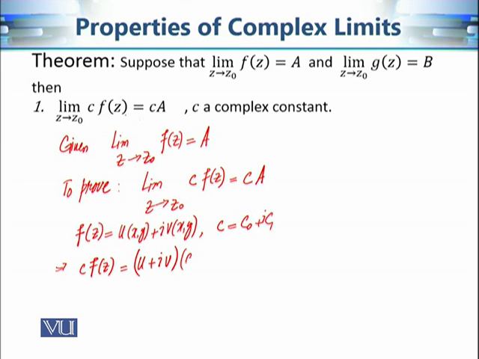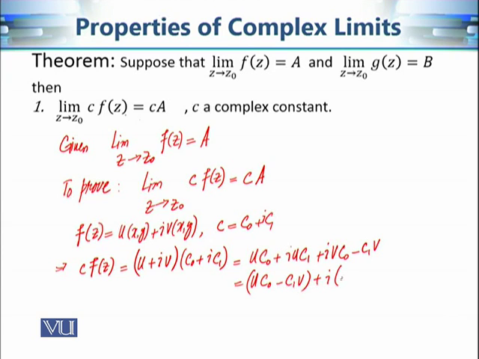So u multiplied with c0 plus iota c1 is equal to u c0 plus iota u c1 plus iota v c0 minus c1 v, which is equal to u c0 minus c1 v plus iota times u c1 plus v c0. So these are once again the real and imaginary parts of this function c into f of z.